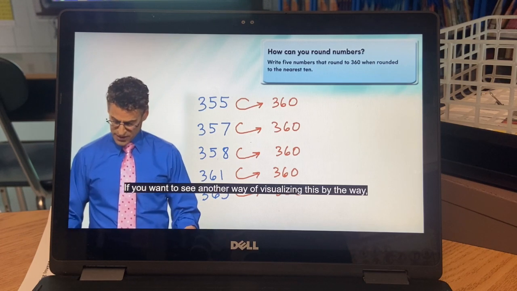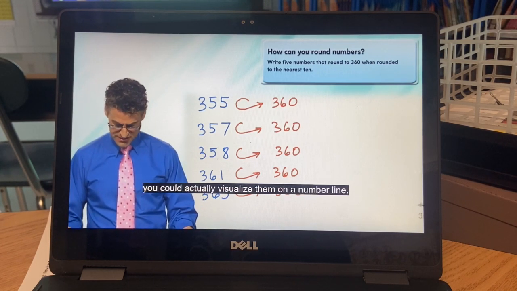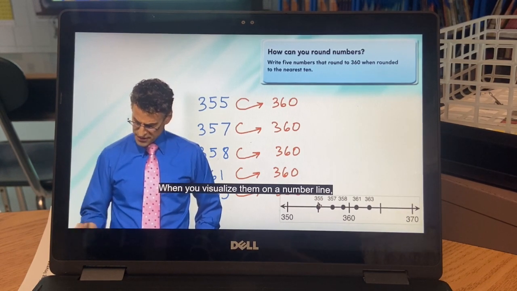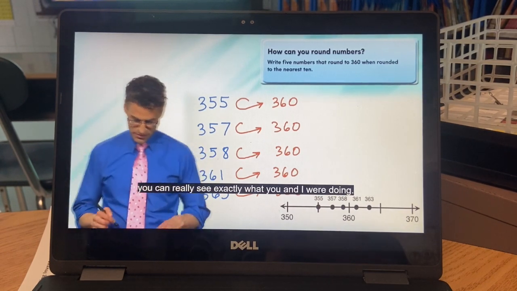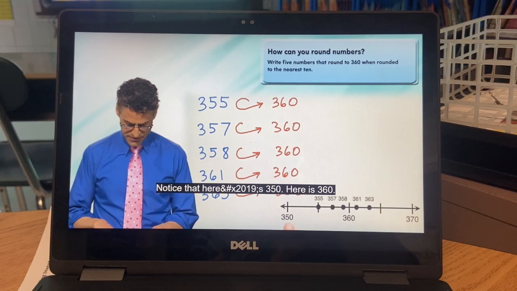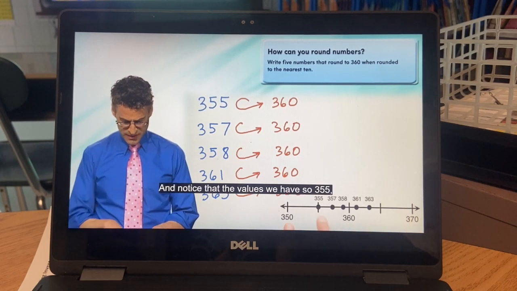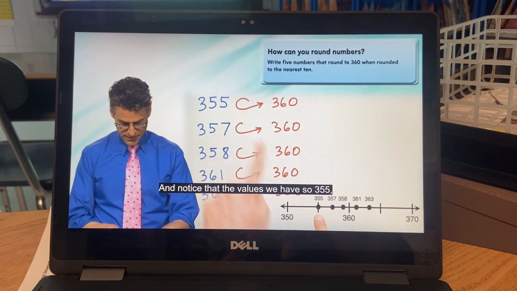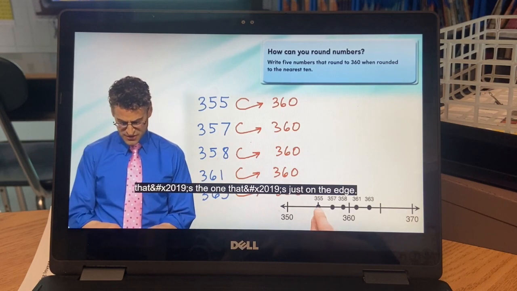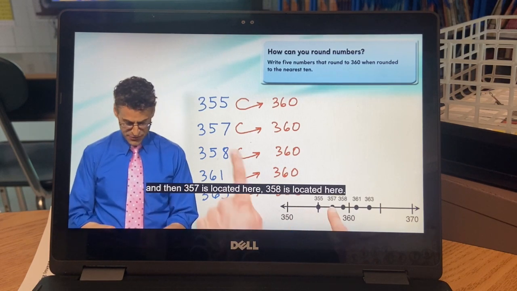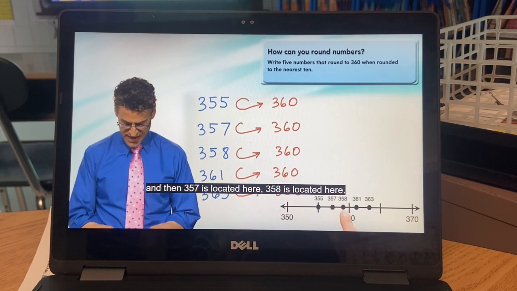If you want to see another way of visualizing this, by the way, you can visualize them on a number line. I think it's kind of fun to do. When you visualize them on a number line, you can really see exactly what you and I were doing. So notice that here's 350, here is 360, and here is 370. And notice that the values we have, 355, that's the one that's just on the edge. That's the moment we start to round up. Anything lower, we round down. And then 357 is located here, 358 is located here.